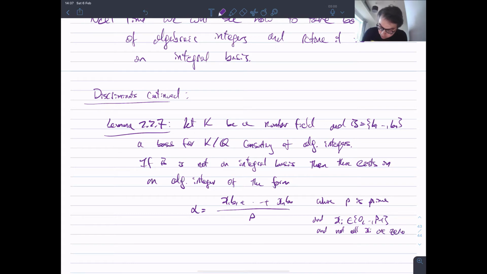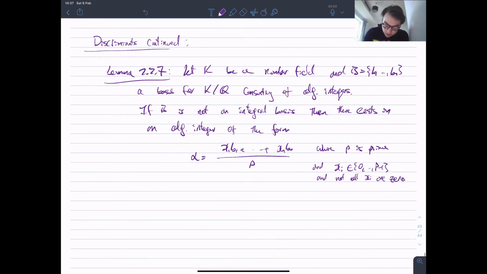So if you had a basis which turned out to not be an integral basis, then you'd have such an algebraic integer in your field.